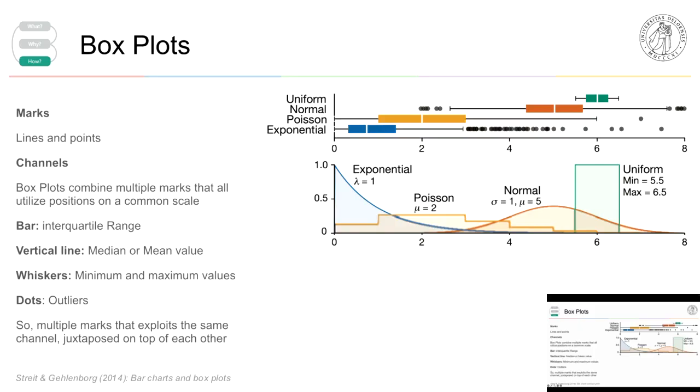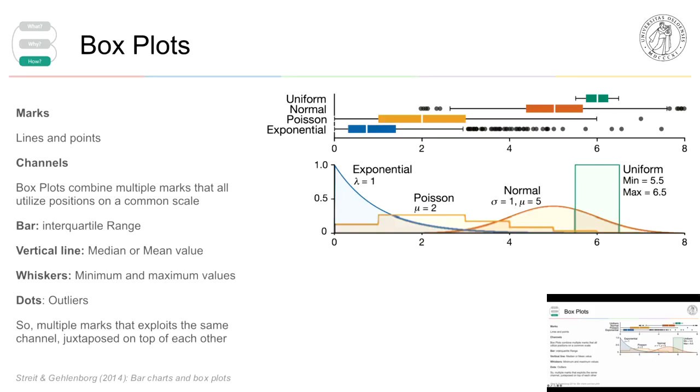The red bar is showing the interquartile range of this normal distribution. Then there's this vertical line that is showing the median or mean value of this distribution. We also have these whiskers that show the minimum and maximum values of this distribution, and we have these dots that show the outliers.